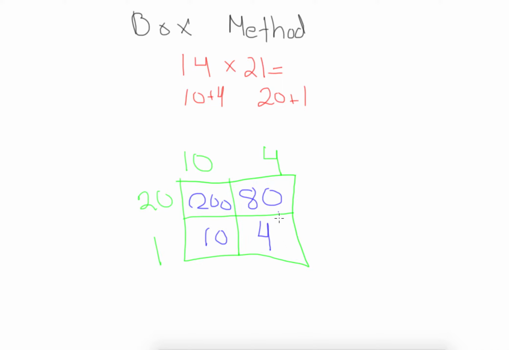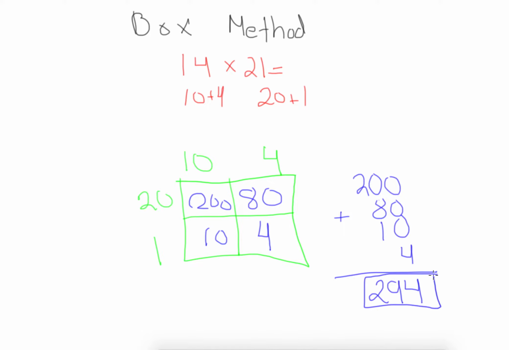The next step in this is now I'm going to add up all these numbers on the inside of my box. So on the side, I'm going to write 200 plus 80 plus 10 plus 4. Okay, so we'll get a 4 in the ones place, a 9 in the tens place, and then finally a 2 in the hundreds place.